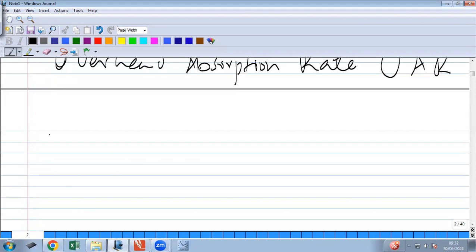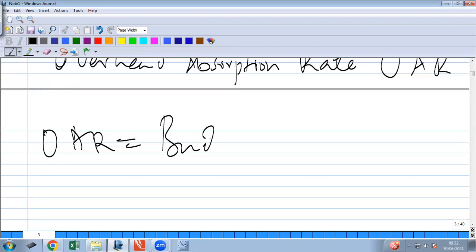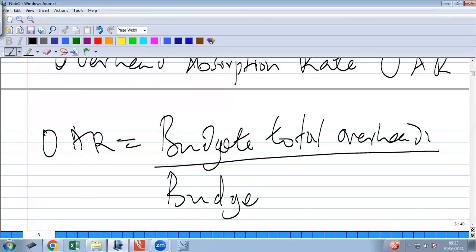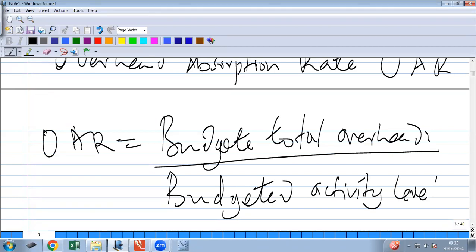And our OAR equals our budgeted total overheads. If you have incurred rent, you add the total cost of overheads, then divide by the budgeted activity level.